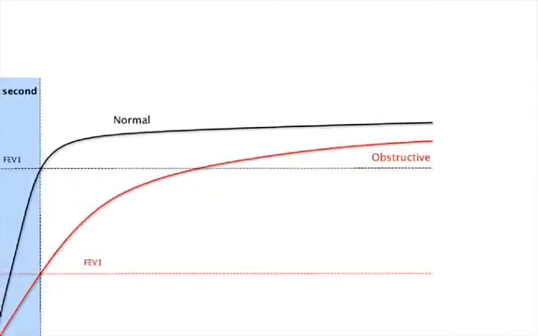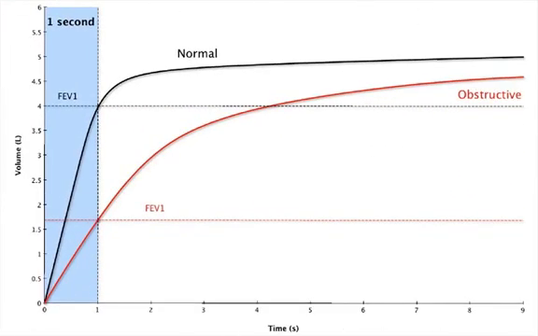Let's look at obstructive then. So obstructive, we want to look at the FEV1. You can see just by the graph that there's a marked difference in FEV1. The FEV1 for obstructive deficit is much lower than in normal spirometry. But the FVC, the amount that comes out after all the time has elapsed and they've got no more breath left, is nearly the same. Not quite, but nearly.